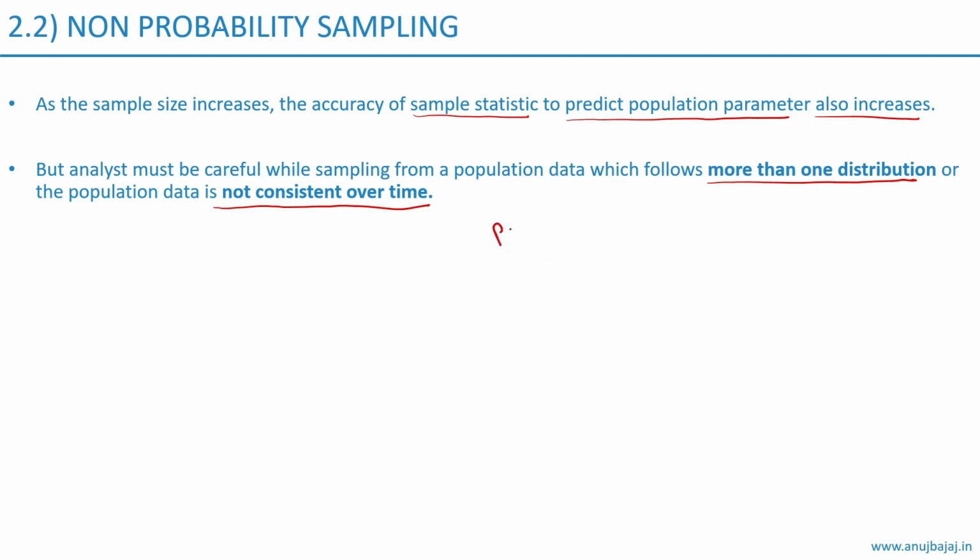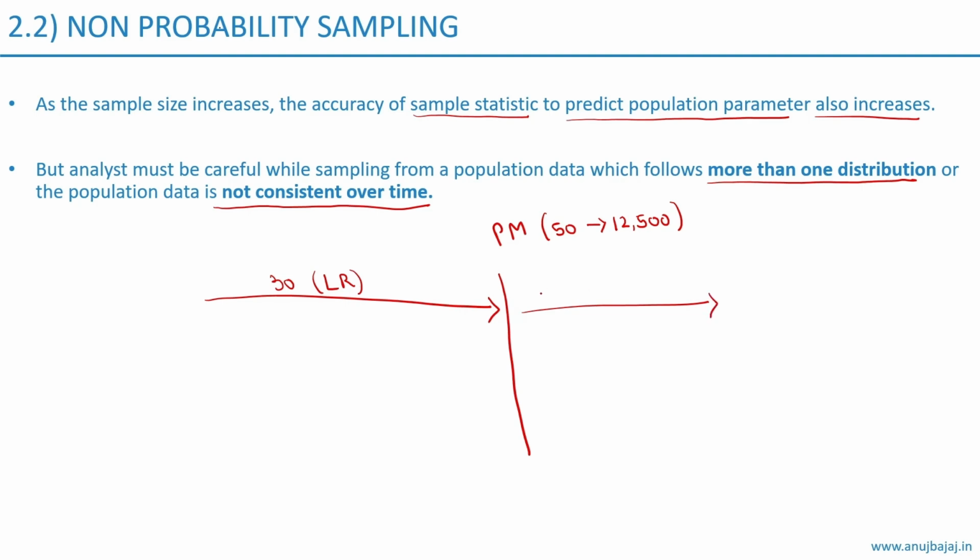Suppose we are evaluating a portfolio manager's performance. We are evaluating the daily returns of the portfolio manager for the past 50 years. So the population data consists of 12,500 observations. Now suppose during the first 30 years, the portfolio manager followed a low risk strategy, and during the next 20 years, the portfolio manager followed a high risk strategy.